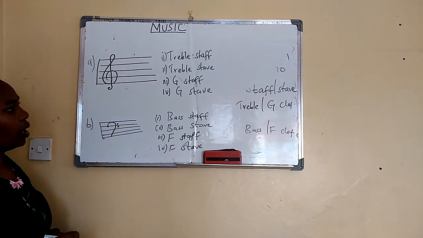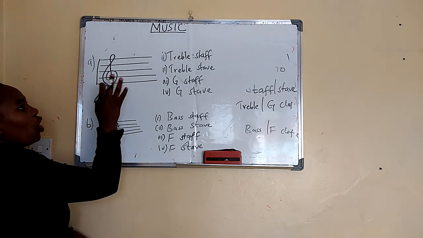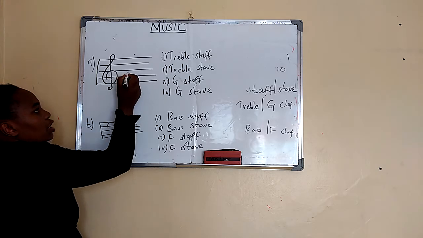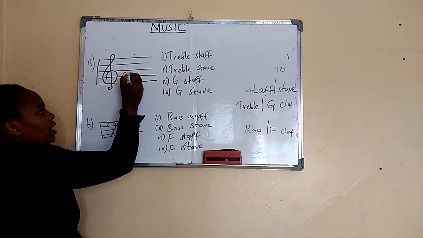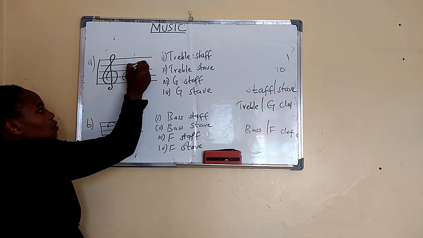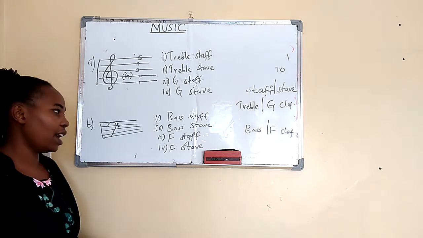Now, one thing you should know is that on treble staff or G staff, G is fixed on the 2nd line. Remember, this is 1, 2, 3, 4, 5. So G is on the 2nd line.